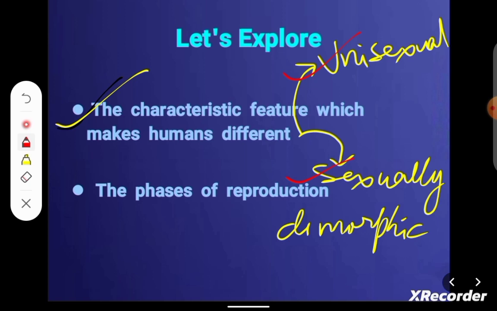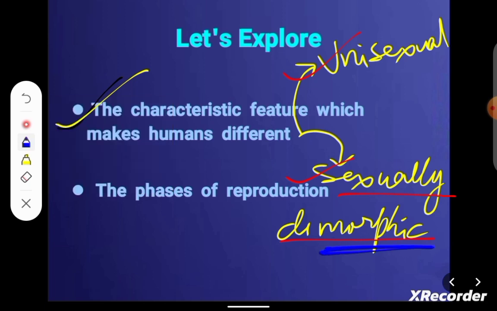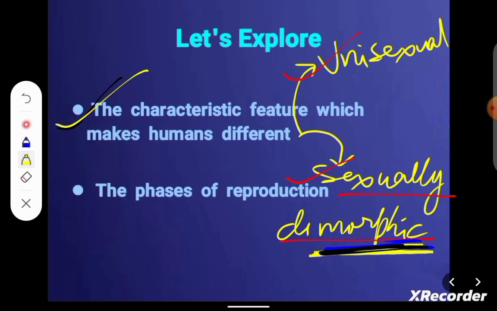Now, what does the term sexually dimorphic mean? Before understanding that, do you know what the term morphic means? It has originated from the word that we have already studied, that is morphology. What does morphology mean? The outer study, the outer look. Di is used to denote that they are different from each other.